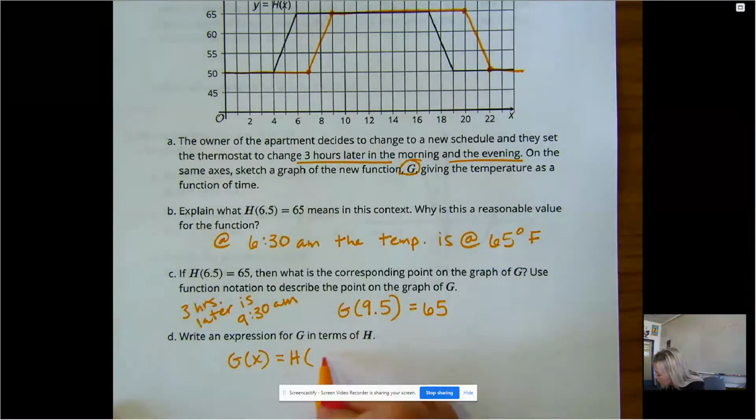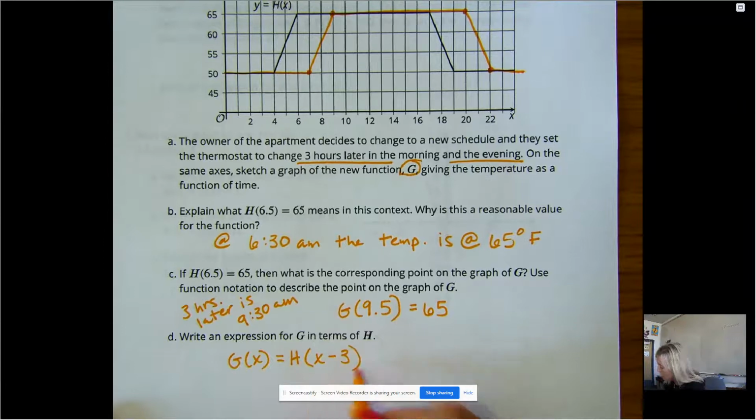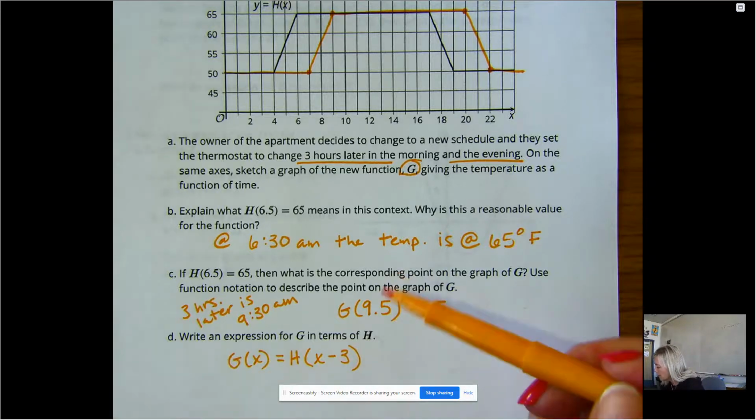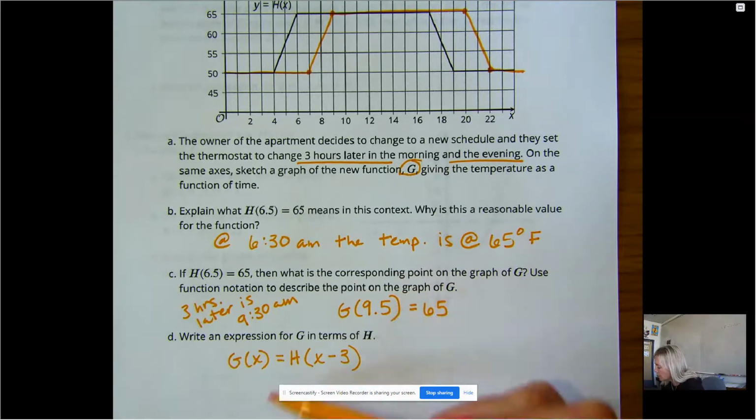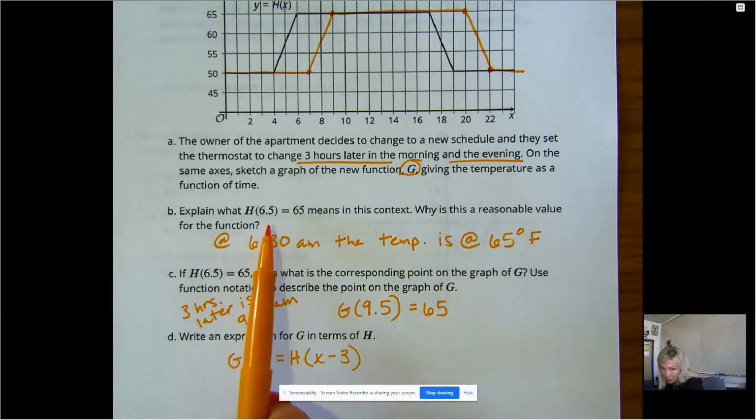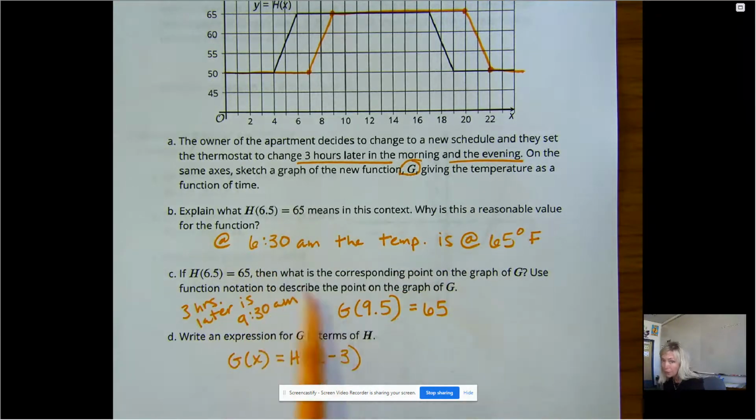Not to the output. So it's going to be in the parentheses, x minus 3. So what this means then is that this g of 9.5 is equal to h of 6.5, right? 3 hours difference.